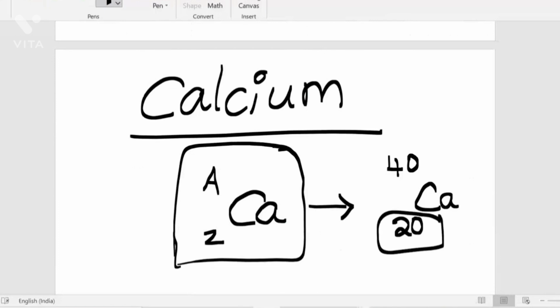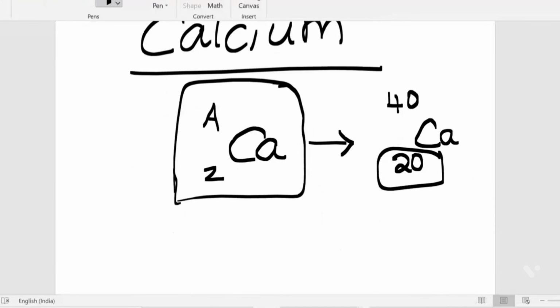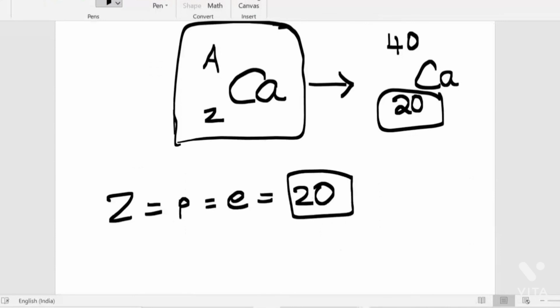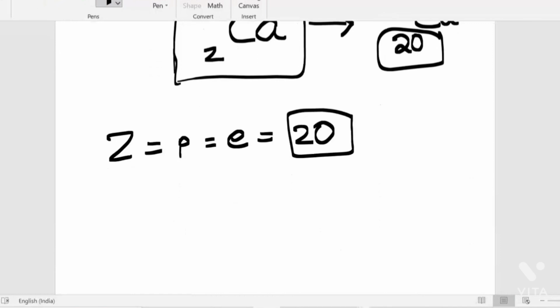Okay. Now we have to see only the atomic number because the atomic number is equal to the number of protons or the number of electrons, right? So the atomic number is equal to the number of protons or the number of electrons. So for calcium, it is 20.